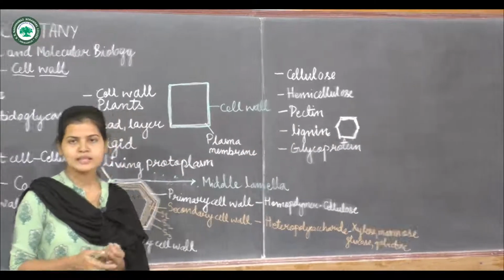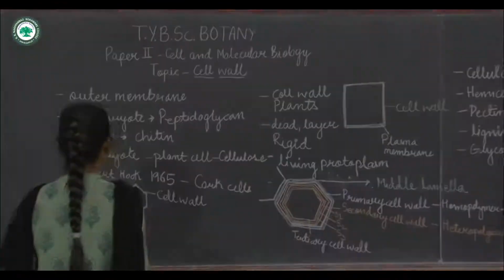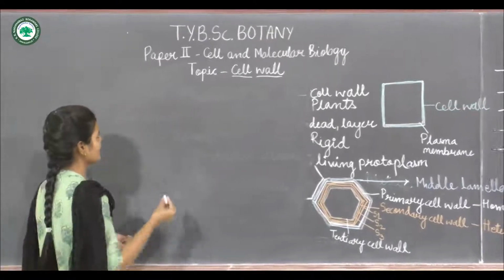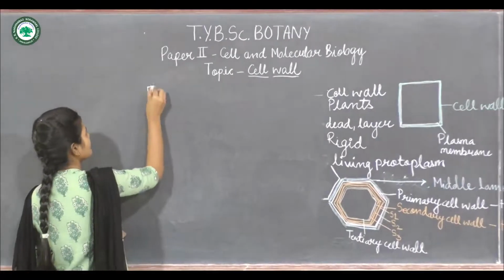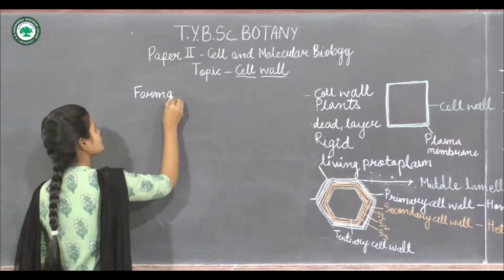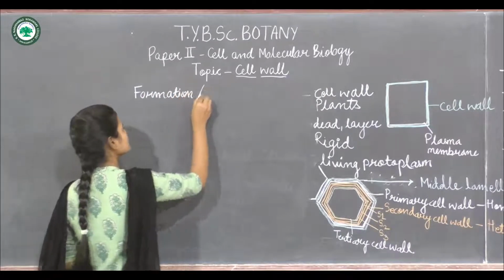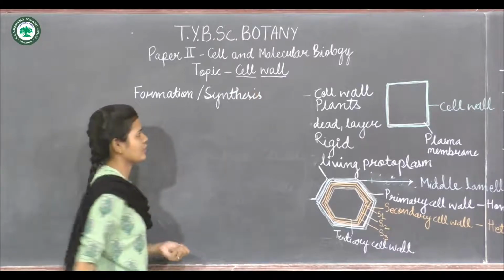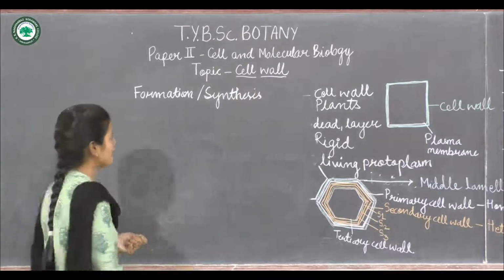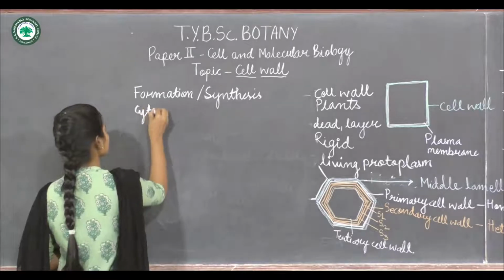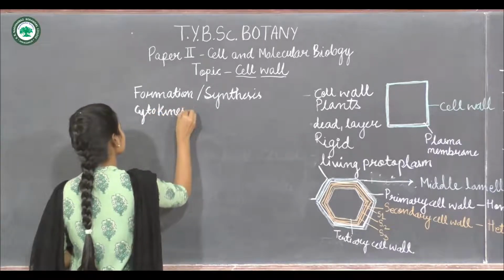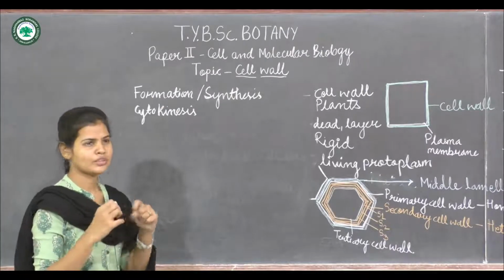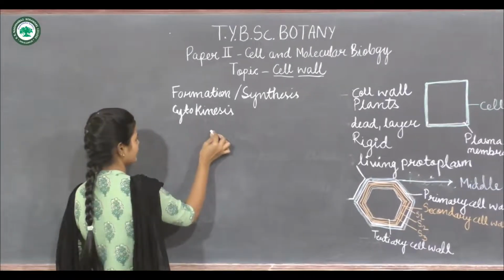Now we will see the functions of a cell wall. Prior to that, how this cell wall is formed in case of the plant cell. Now, formation or synthesis: during the cytokinesis process, cytokinesis means the division of the cytoplasm into two cells.